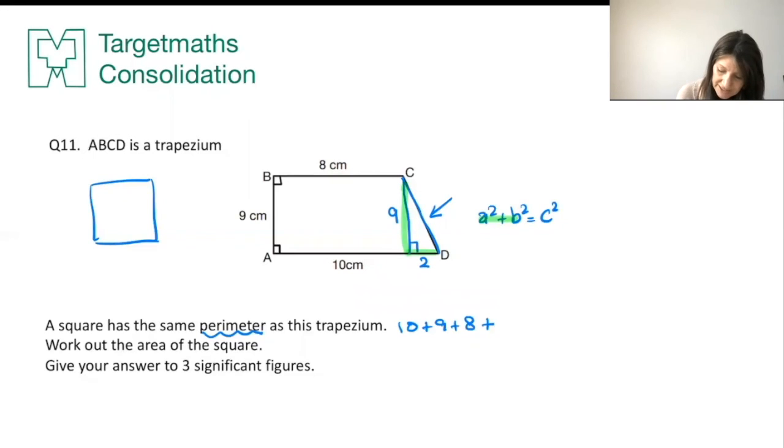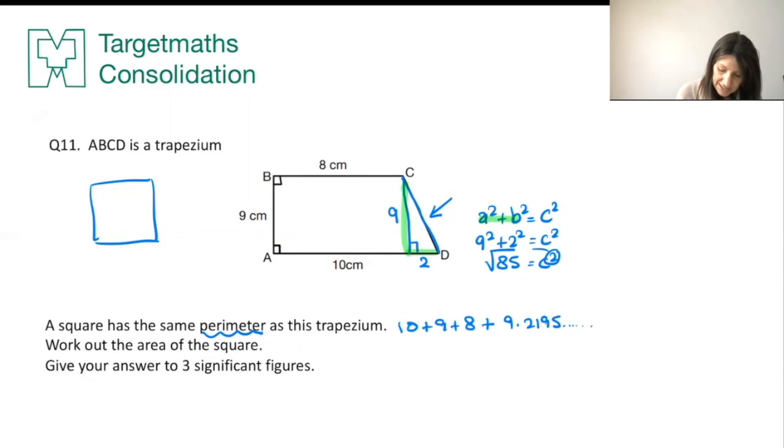So I'm feeding that information in, 9 squared plus 2 squared. So you've got 81 plus 4, which is 85. And then we're going to obviously root that in order to get our missing side. So our missing side is 9.2195 and on and on and on it goes.